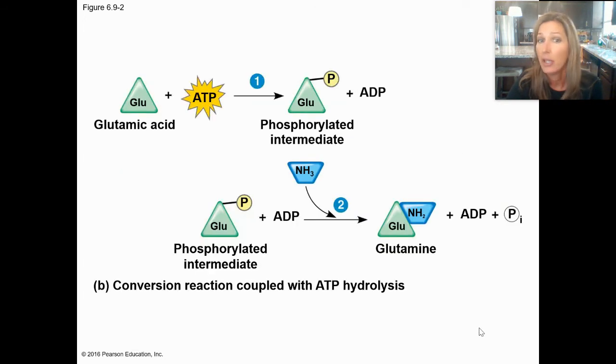Oftentimes in this coupling, what is produced by the action of ATP is a phosphorylated intermediate. The phosphate gets transferred to one of the reactants, and this makes it highly reactive. I like to think of these phosphates as kind of like hot potatoes. The action of the enzyme involved in this is to transfer the phosphate from ATP onto this intermediate.